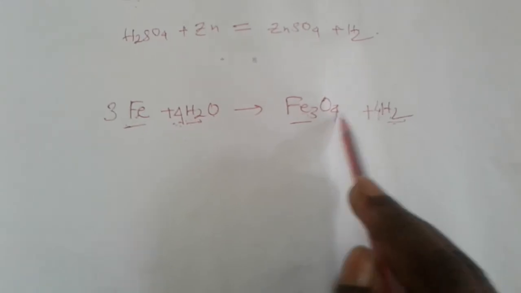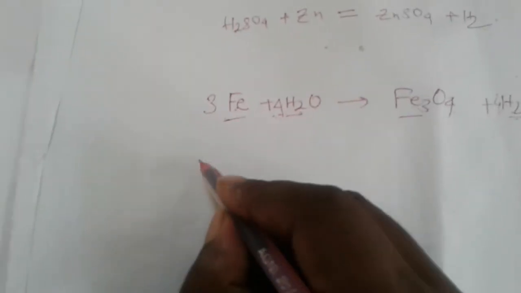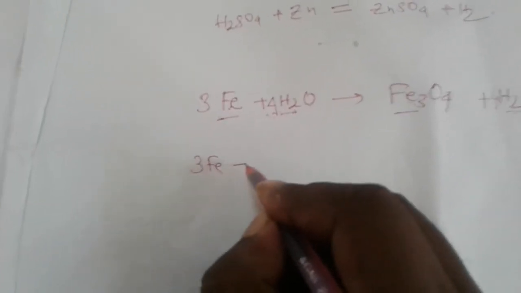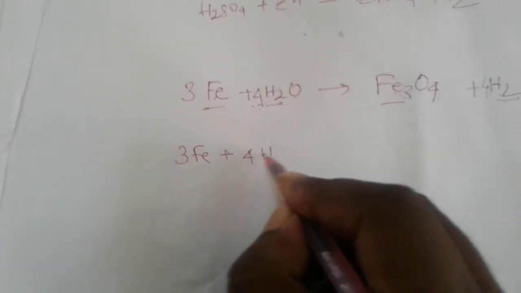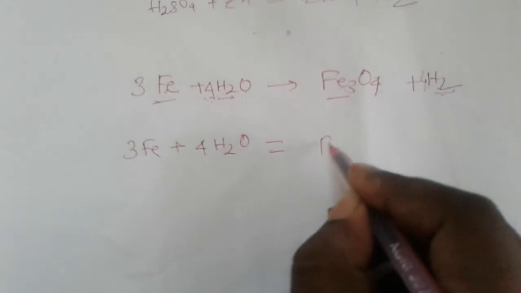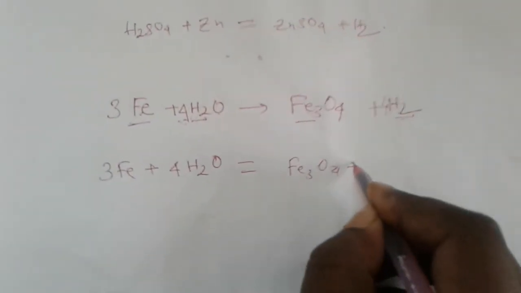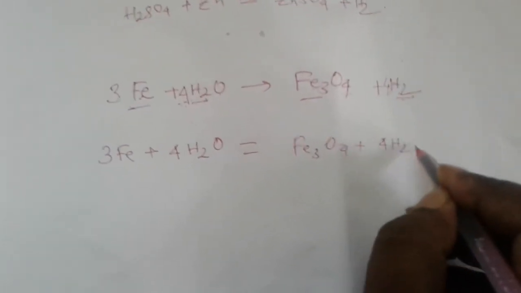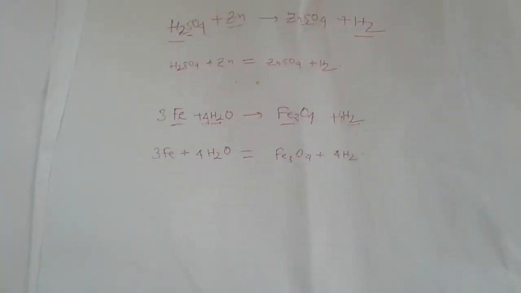So now this equation is balanced. After balancing, we can rewrite the equation: 3Fe plus 4H2O equals Fe3O4 plus 4H2. So this is the balanced equation. Now in the next video, a few more examples we will be discussing.